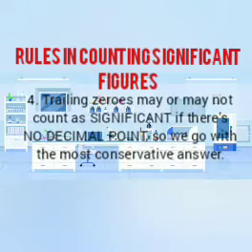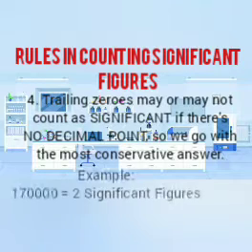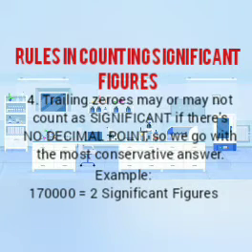The fourth rule, trailing zeros may or may not count as significant if there is no decimal point. So, we go with the most conservative answer. Example, 170000 has 2 significant figures.